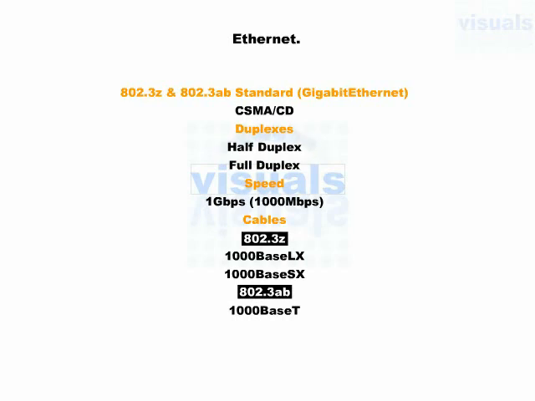Well, 802.3Z and 802.3AB both use CSMA CD. Both these standards also support both duplexes, which are half duplex and full duplex.